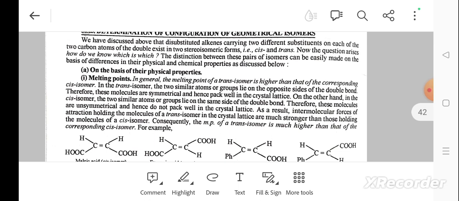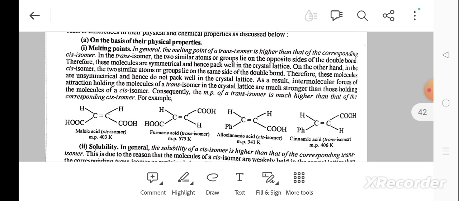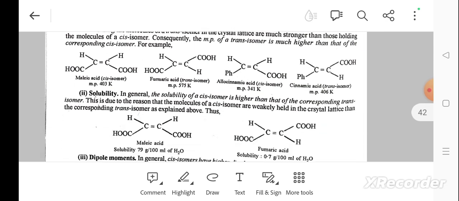Therefore, these molecules are unsymmetrical and hence do not pack well in the crystal. As a result, the intermolecular forces of attraction holding the trans molecules in the crystal lattice are much stronger than those holding the cis molecules. Consequently, the melting point of the trans isomer is higher than the cis.